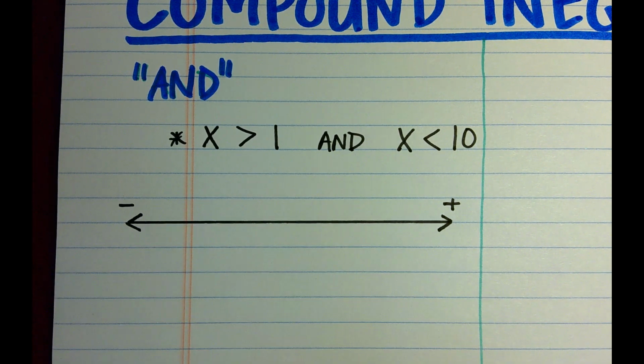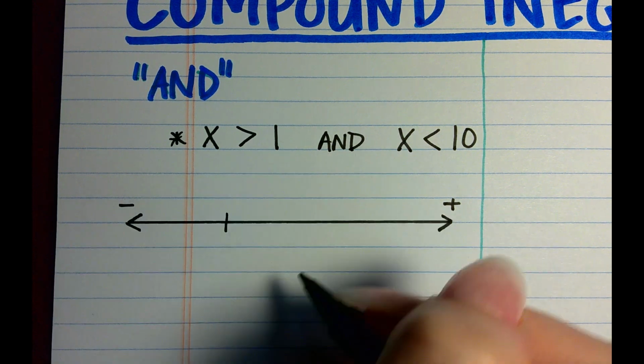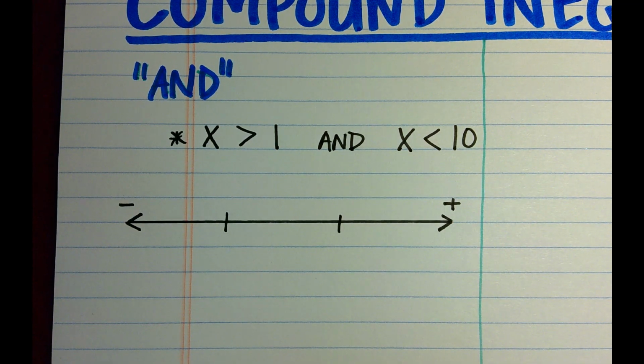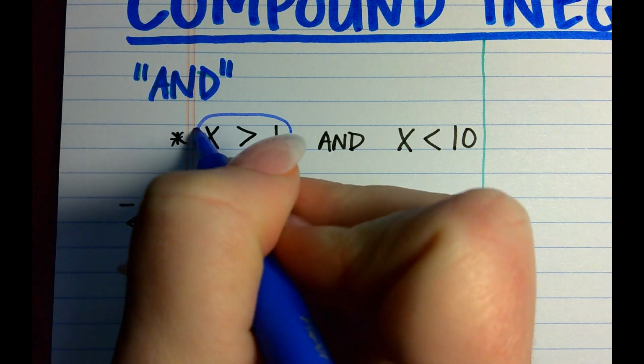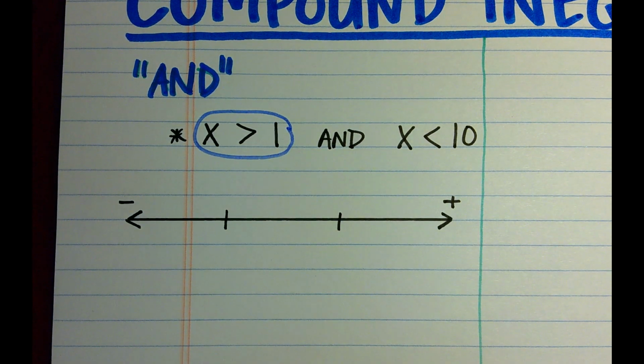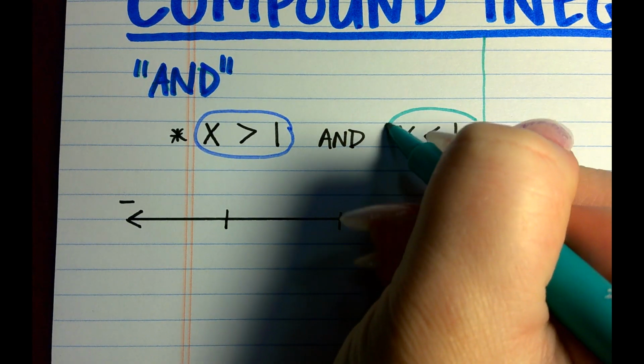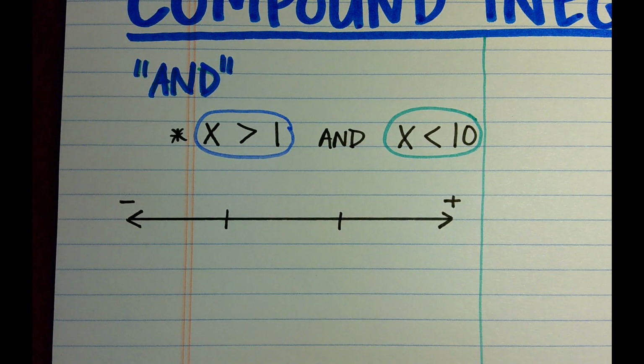Now we have two tick marks, so I'm going to put 2 marks on my line. This part is optional, but I'm going to color code this. I'll use blue and green: my x is greater than 1 in light blue, and my x is less than 10 in this greenish color.